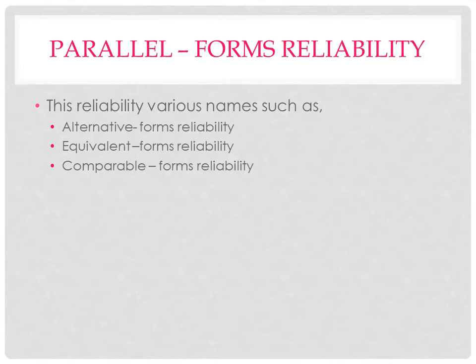So basically, parallel forms reliability, from its term parallel, means there is an equivalent. What a test creator or author would do, just to measure if the test is reliable, is create another test just like the test that he or she is currently writing.